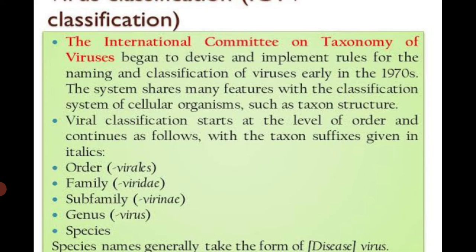The taxon suffixes differ, where the order always ends with the suffix virales. The name of a family always ends with the suffix viridae. Name of subfamily ends with virinae, and name of genus ends with virus.